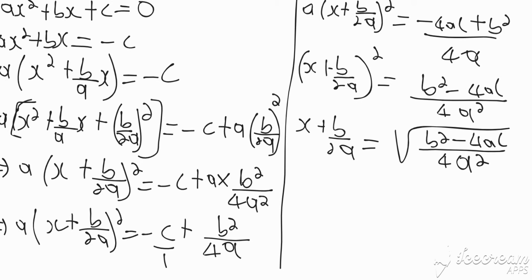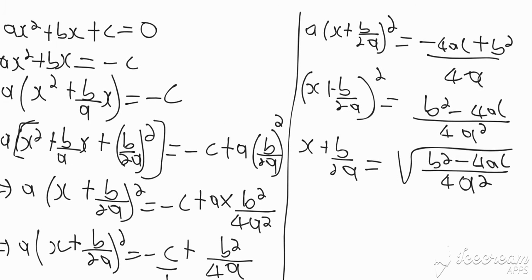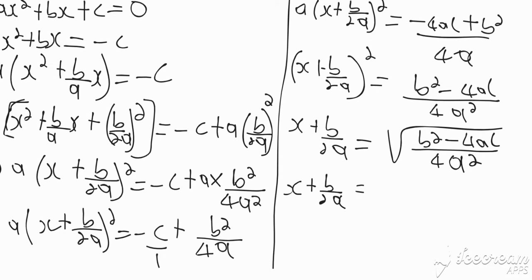We're almost there. Now on the right hand side, when you square root a fraction, you can square root both the numerator and the denominator. So that is really what it means. So I'm going to have x plus b over 2a equal the square root of b squared minus 4ac all over the square root of 4a squared.